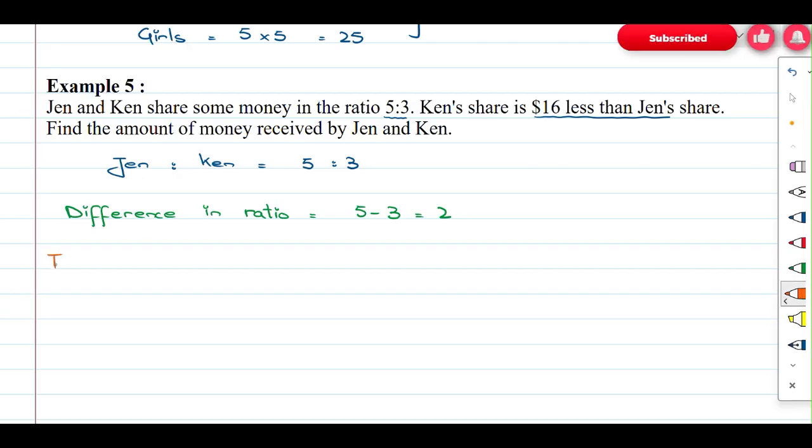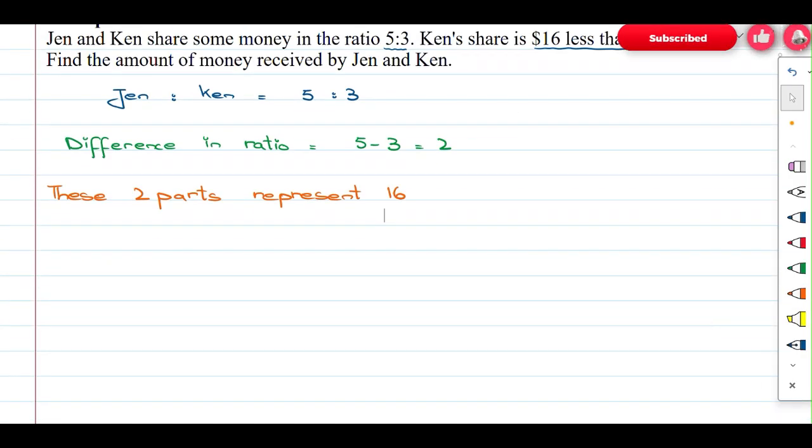So we can say these two parts represent 16. If two parts represent 16, what does one part represent? One part is 16 divided by 2, and 2 times 8 is 16. So each part represents 8, right?